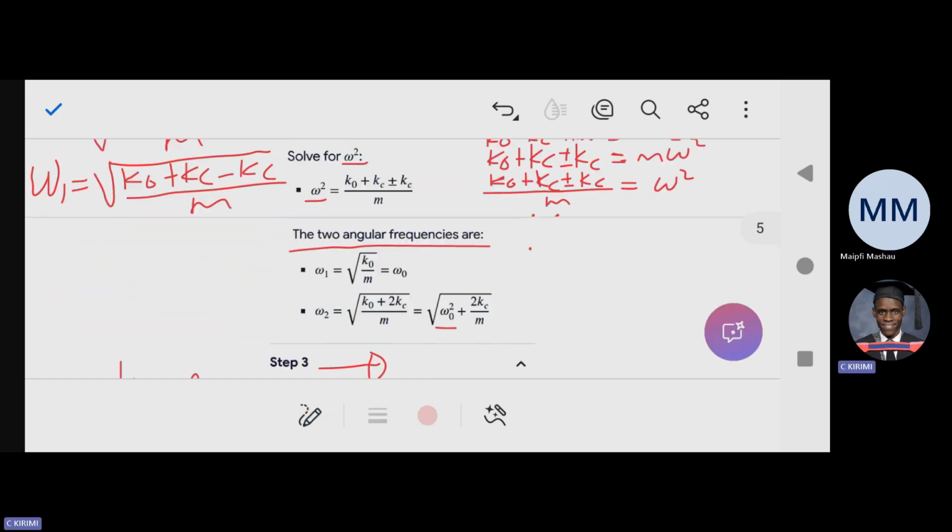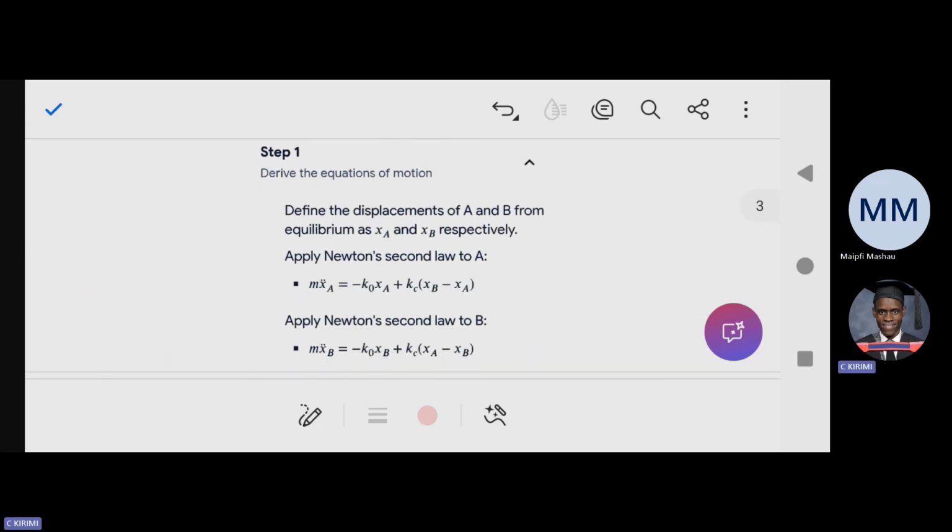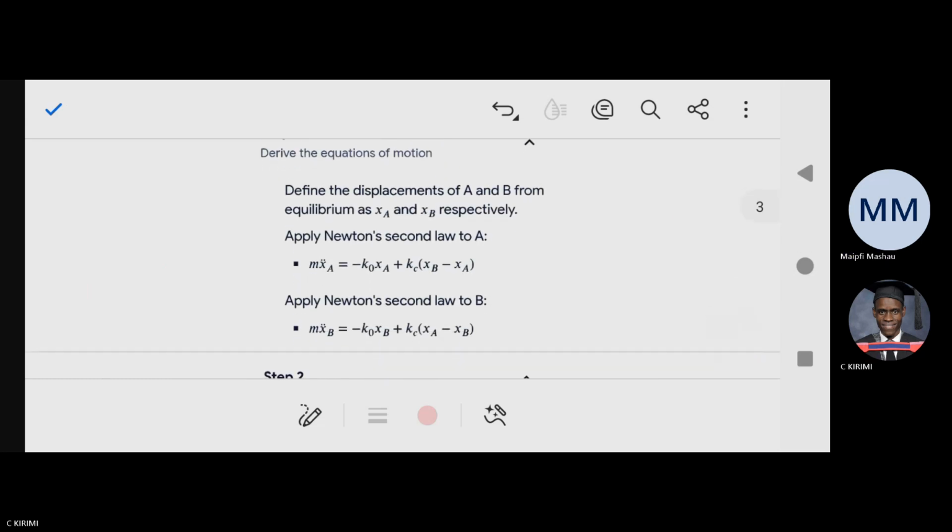Where is the B now? This B, which we had from the beginning for the mass A. Can you see K naught XA, KC XA plus KC XB?